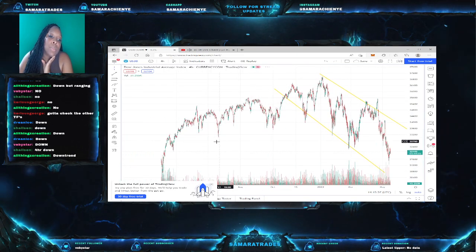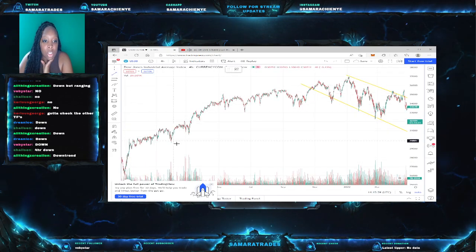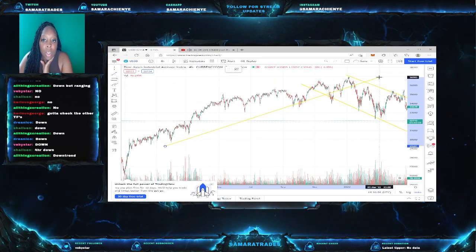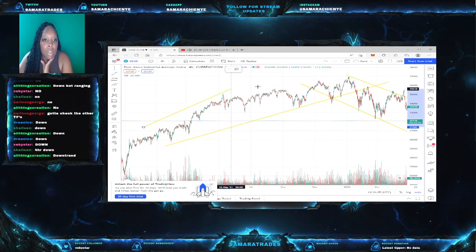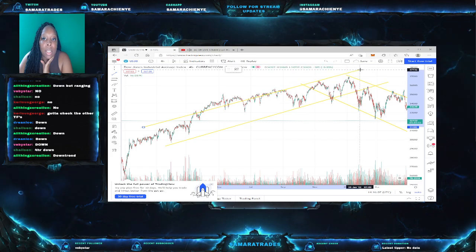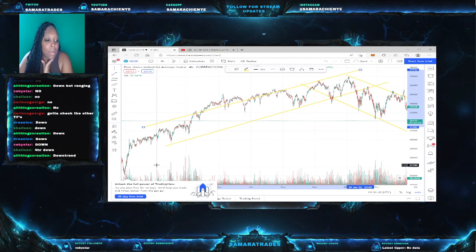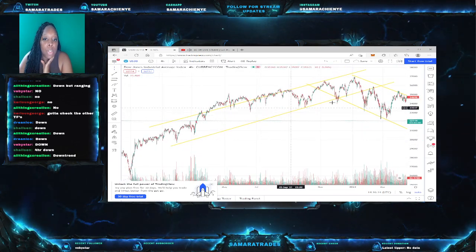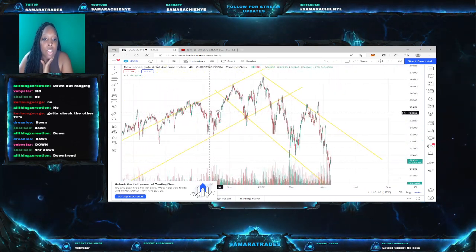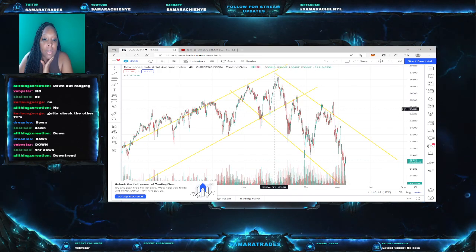Because if this was the uptrend, it would have been just like this. This is your uptrend. Your angles would have been like this. I want you guys to understand what is the uptrend and what is the downtrend. So you guys see what I'm doing? This would have been an uptrend, okay? And this is the downtrend of what we got here, okay?